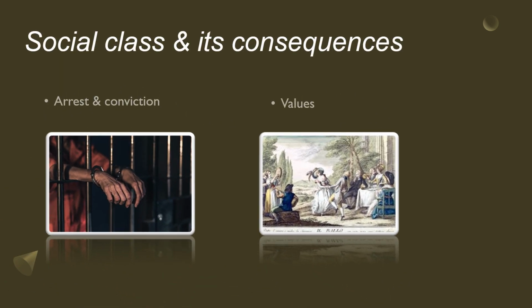Social class also has consequences on arrest and conviction, and also on values. The rates of arrest and conviction are higher for lower class individuals than for members of the upper and middle classes.